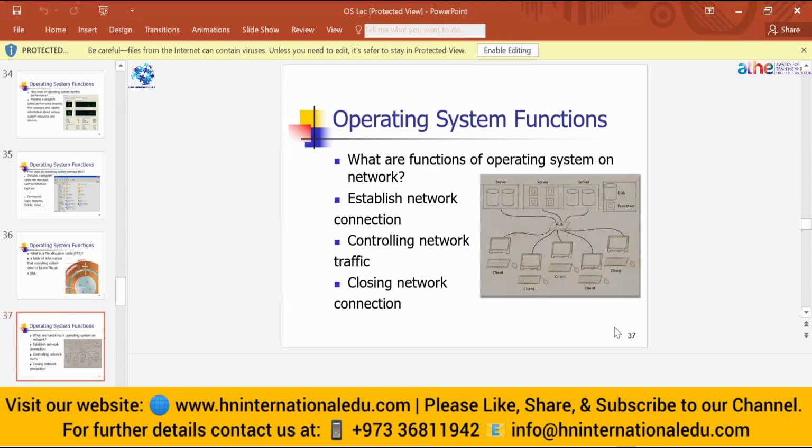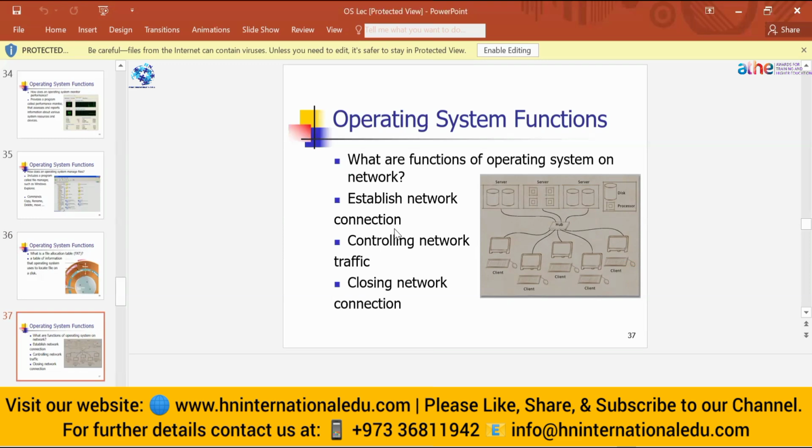If we are dealing with a network, how does the operating system help us? Basically, the functionality of the operating system on the network is that it helps us in establishing the network connection.